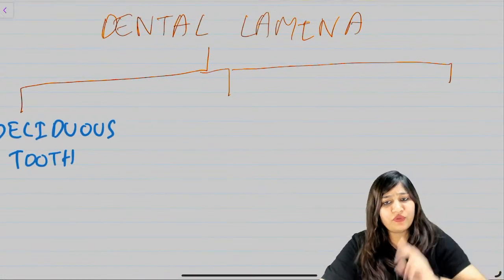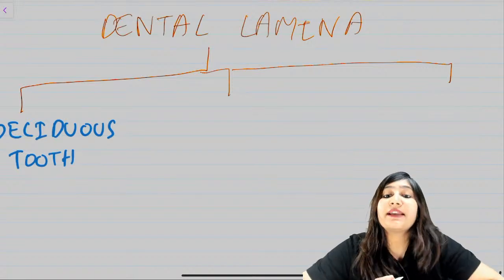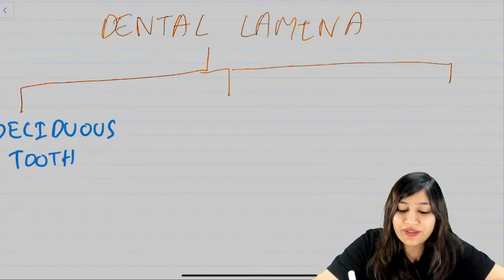Now in permanent tooth we have two subdivisions, succedaneous tooth and non-succedaneous tooth.